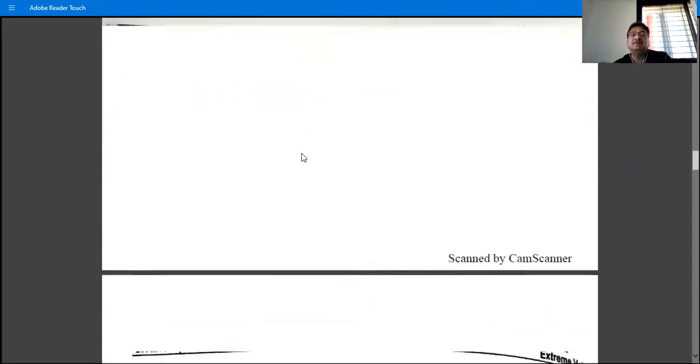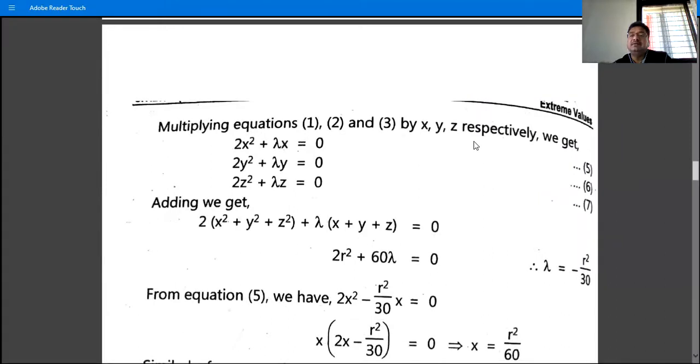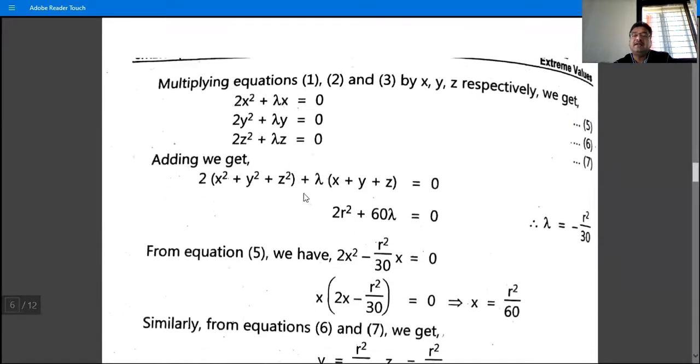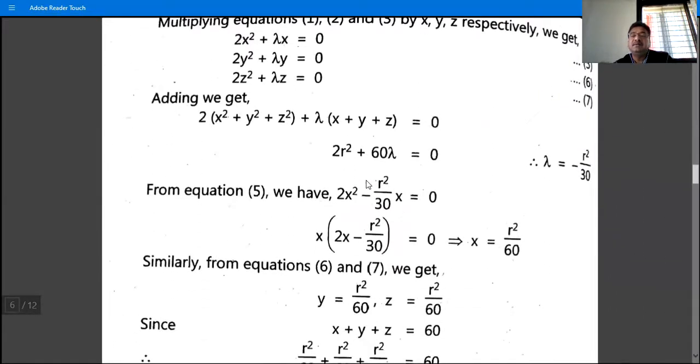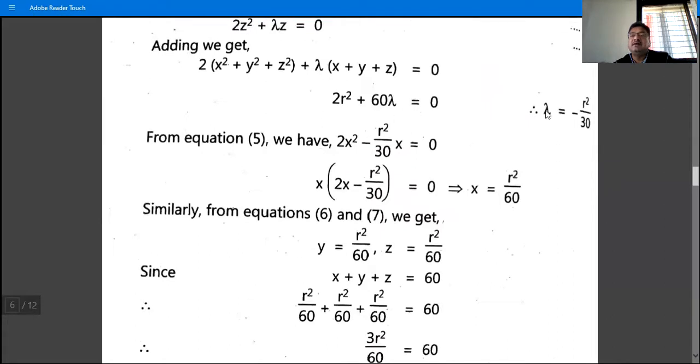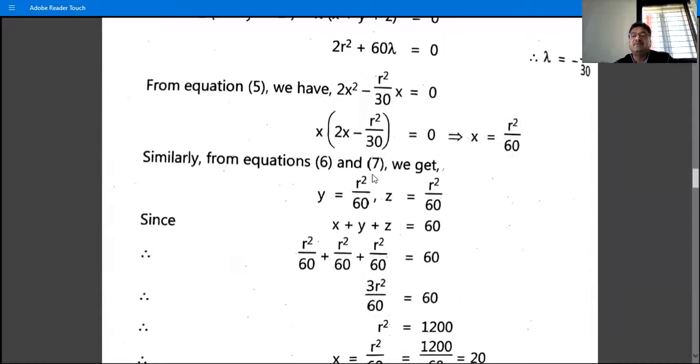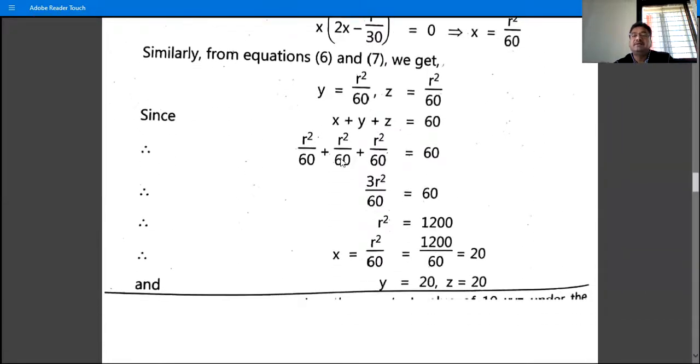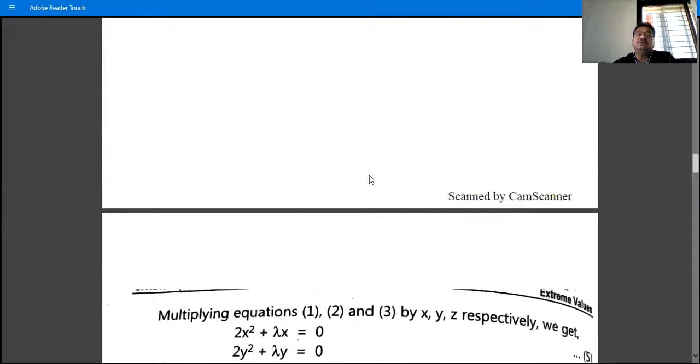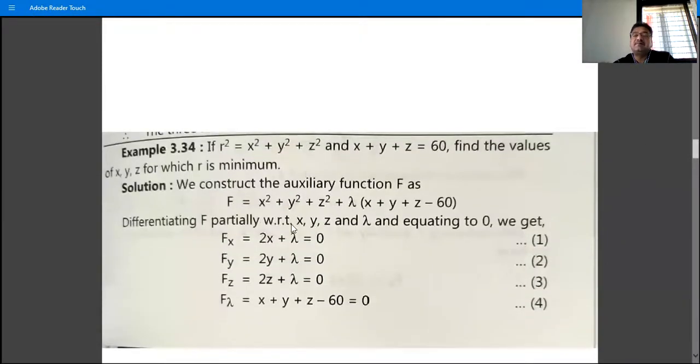This is one procedure. Or, multiplying by x, y, z and adding, we get the value of lambda, and then substitute lambda in equations 5, 6, 7 to get the values of x, y, z. Apply any one procedure. Both procedures are applicable for this example.